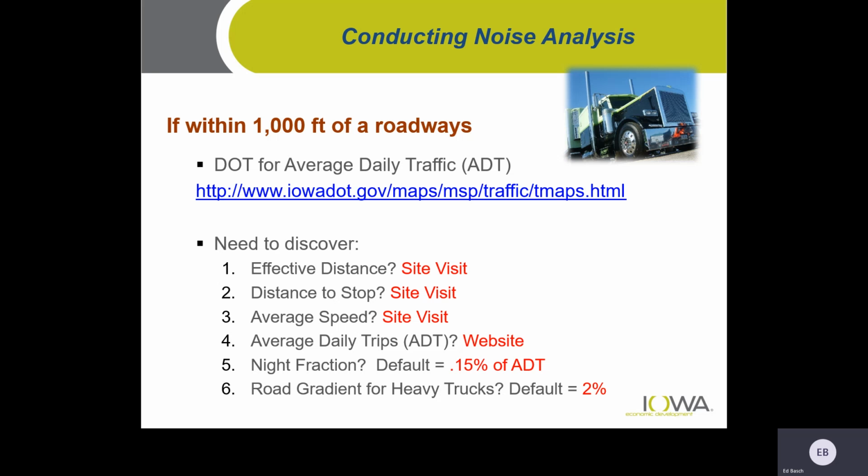Then from your location, which can probably only be done through a site visit, you need the effective distance, the distance to the nearest stoplight or stop sign, the average speed of the vehicles there, average daily trips from the website, and then night fraction and road gradient if you can find it. If not, you can use the defaults shown there: 15% for the traffic at night and 2% for average gradient.